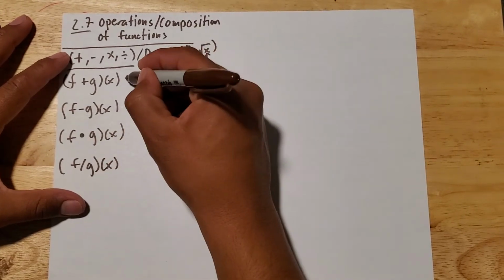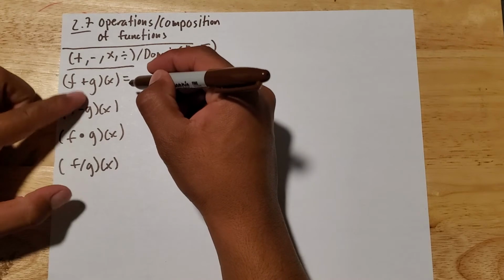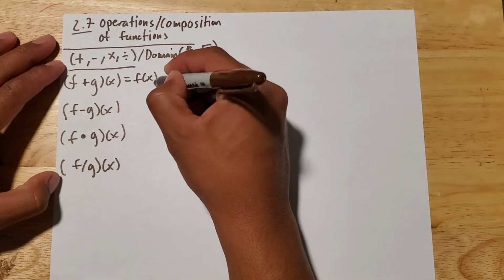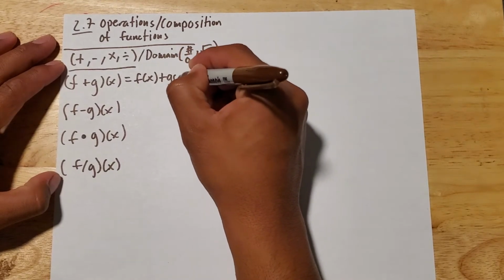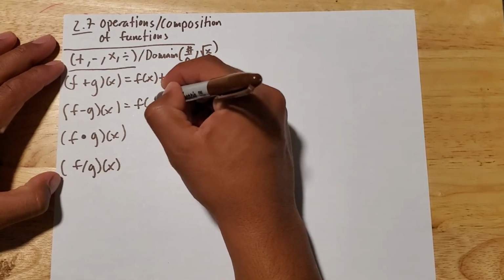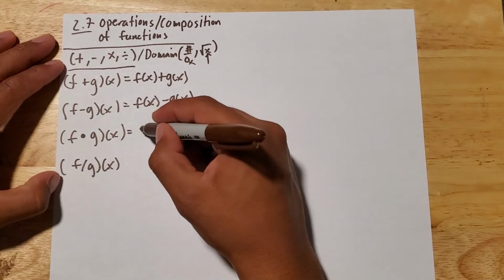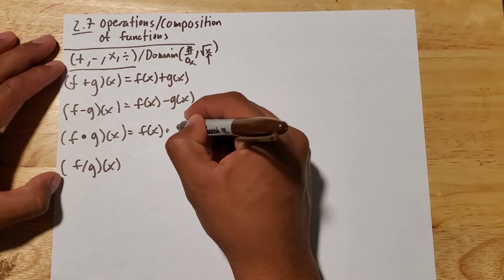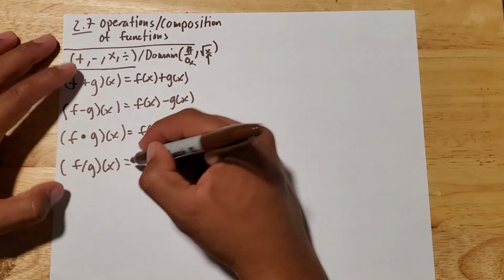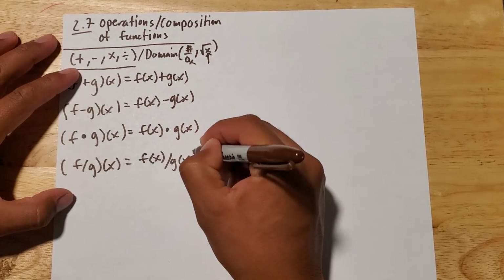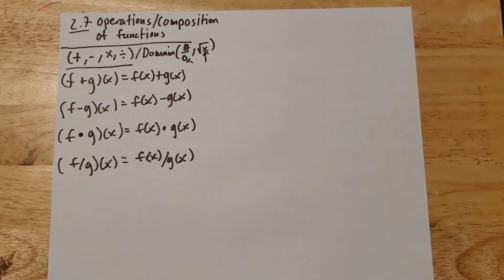Again, this is just notation for notation's sake, but what ends up happening is just having f of x plus g of x, and or f of x minus g of x, and then we have f of x times g of x, and then we have f of x divided by g of x. All we're going to do is just either add, subtract, multiply, or divide them together, and at the same time be able to identify the domain.